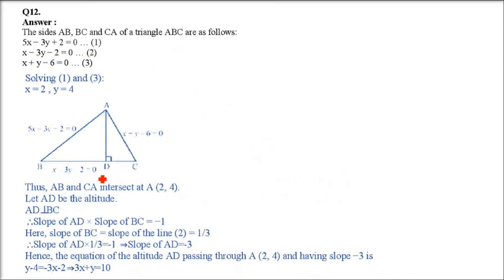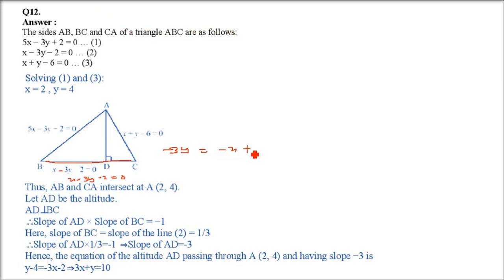So what will we do? See, we have the slope of this line BC. Let me clearly write it. This is x minus 3y minus 2 equals 0, which is written also in the initial part of the question. So what is the slope?